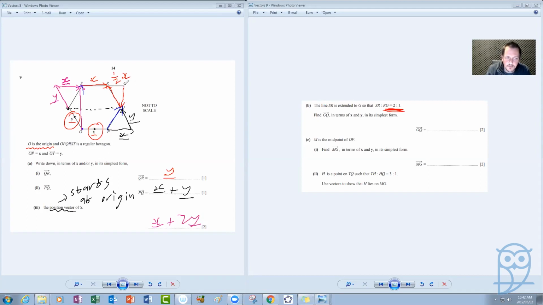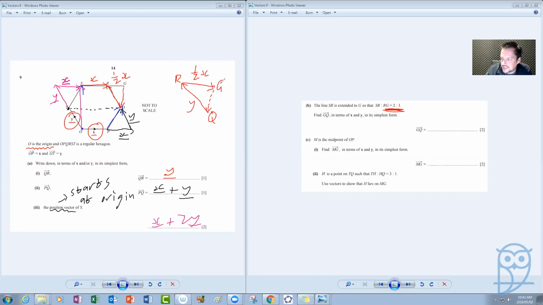Hopefully that makes sense, because we know this one, we know that one. So I'm going to redraw it here just so that it's a little bit bigger. That's G, that's R, and that's Q. Great. So we know that this was a half x going that way, because remember vectors, direction, crucially important. We know that this one was y going that direction, but we want this direction.